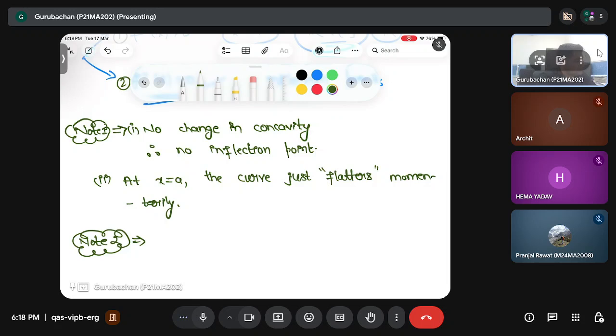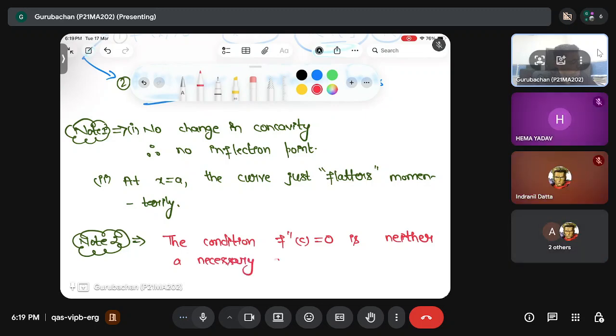So for that, the condition f double dash c equal to 0 is neither a necessary condition, nor a sufficient one.